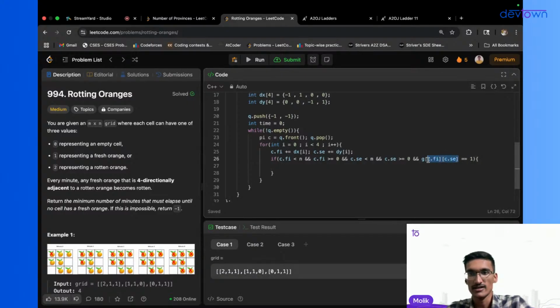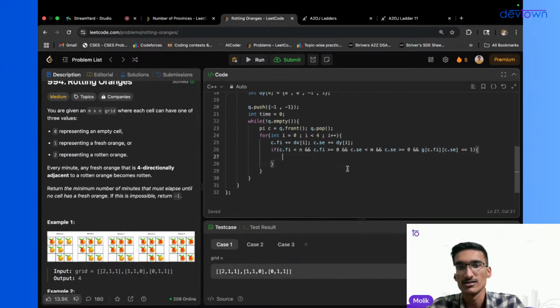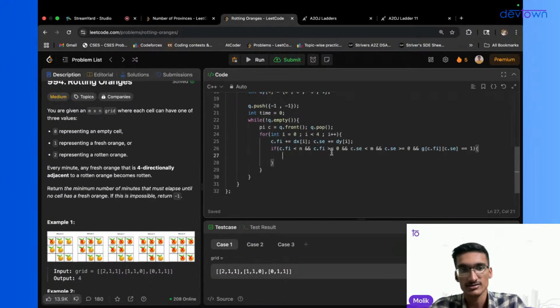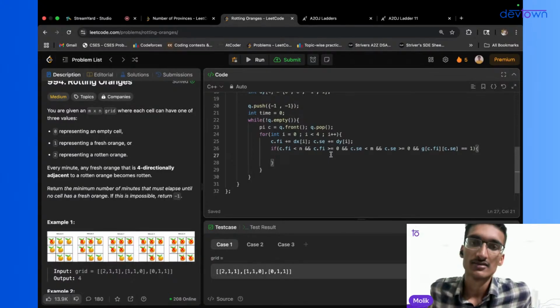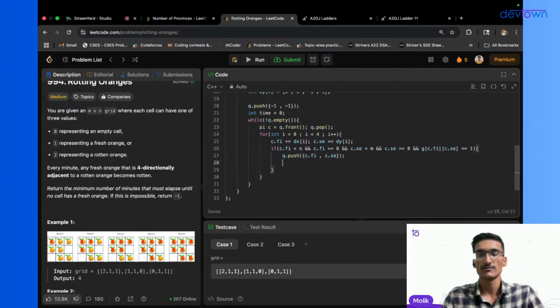We can change the grid given to us. So q.push p.first, p.second.